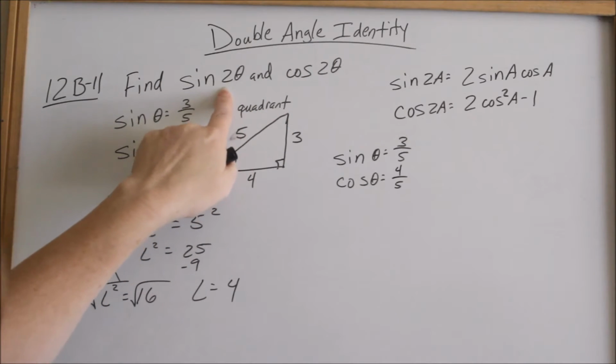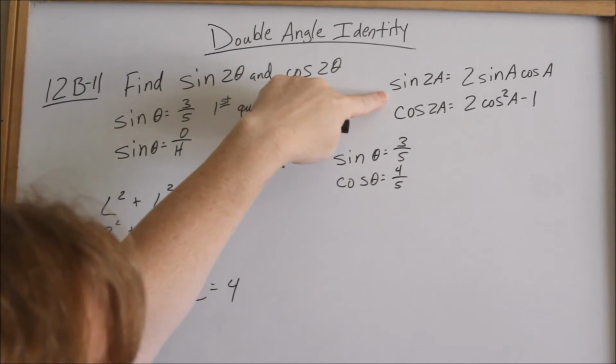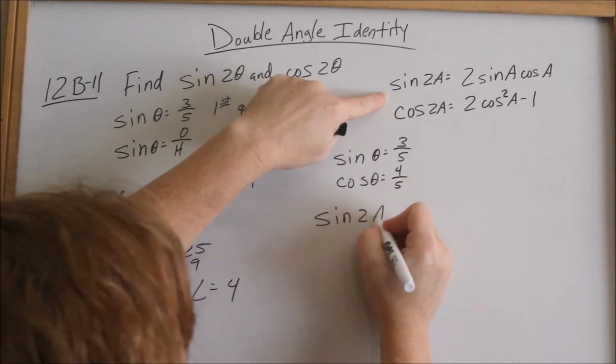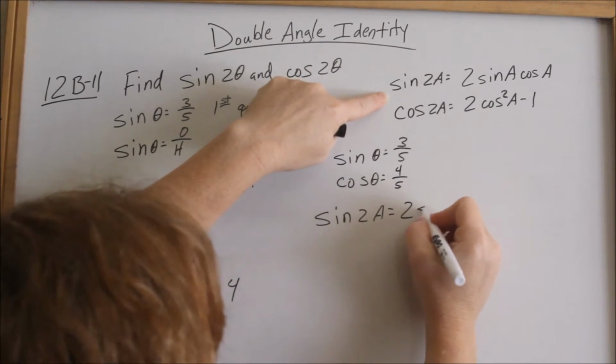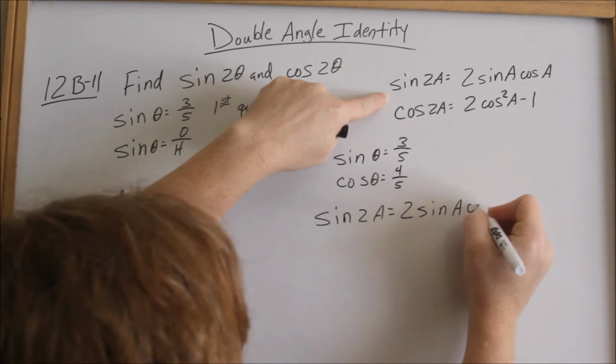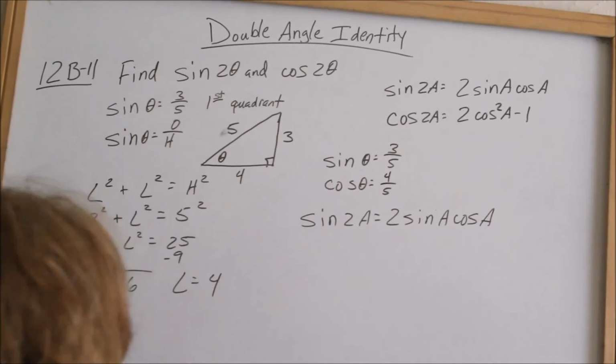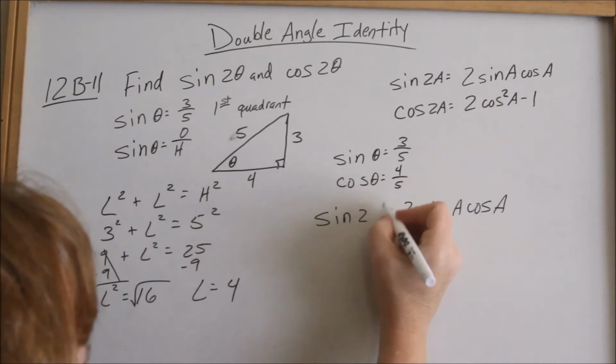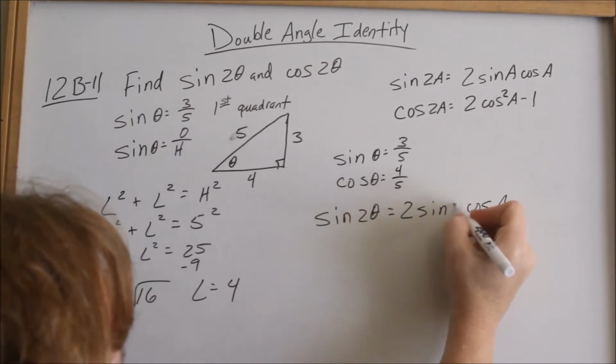So go to your formula for sine of double angle. I have it written right there. Sine of my double angle is 2 times sine of my angle, cosine of my angle. In this case, we're using theta, so I can replace all of these with theta.